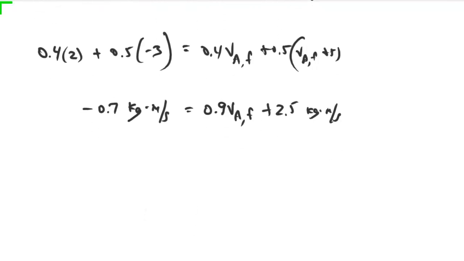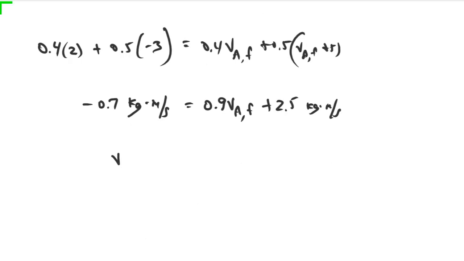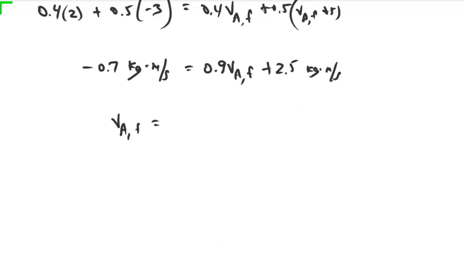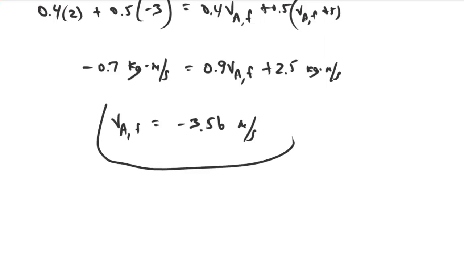And solving this for VA final, we get VA final is equal to negative 3.56 meters per second. It's the final velocity of A.